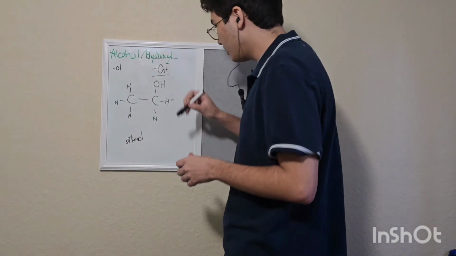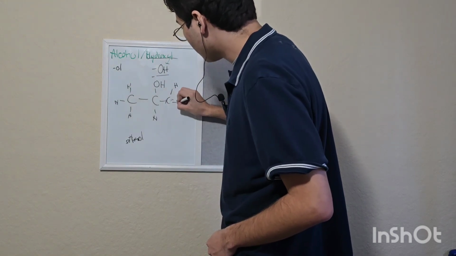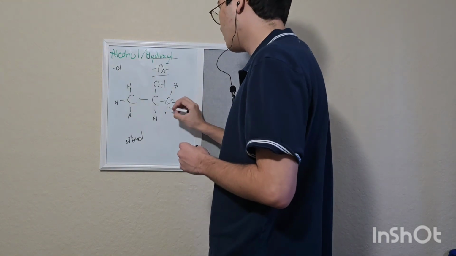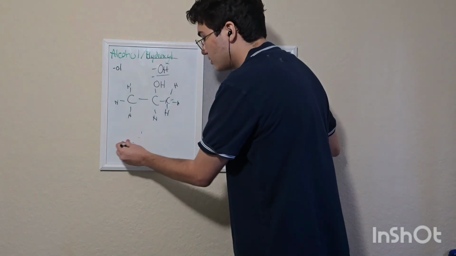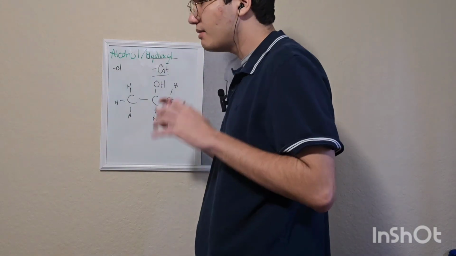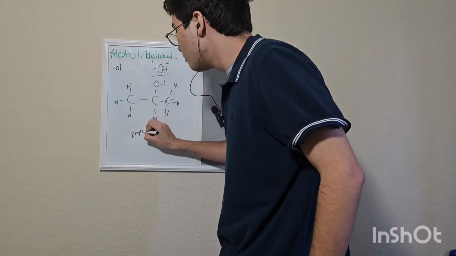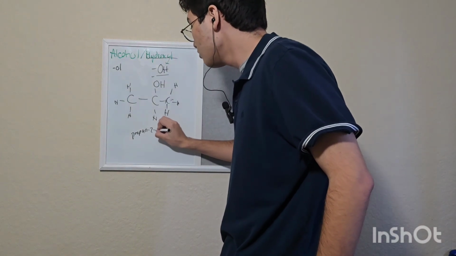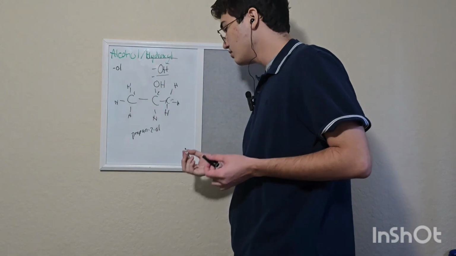But let's say after that there's another C, and this is no longer an ethane but a propane, where this will now be known as propan-2-ol, because it's on the second one.